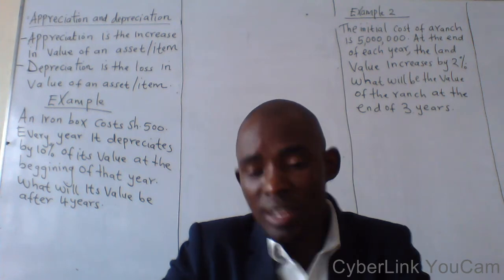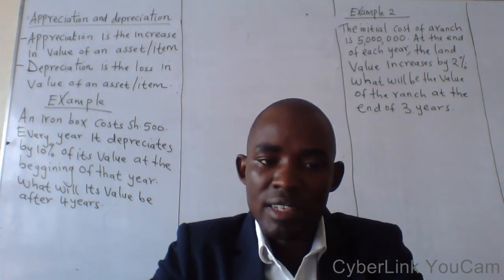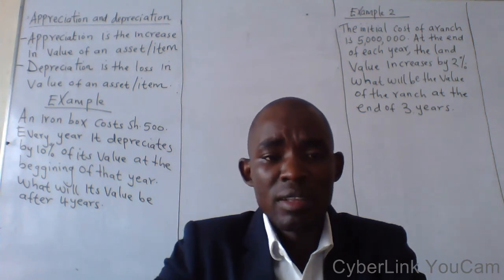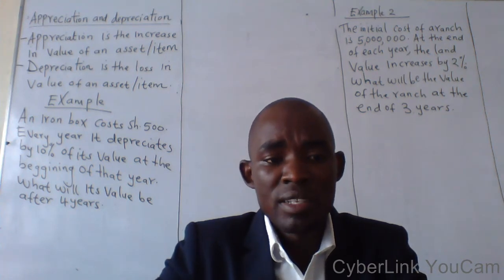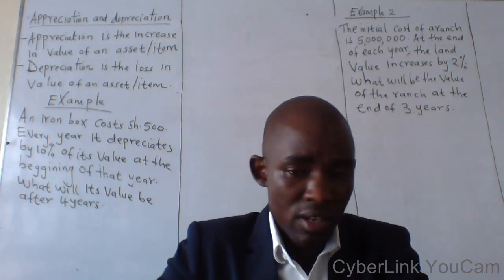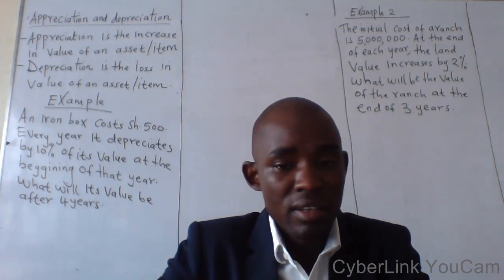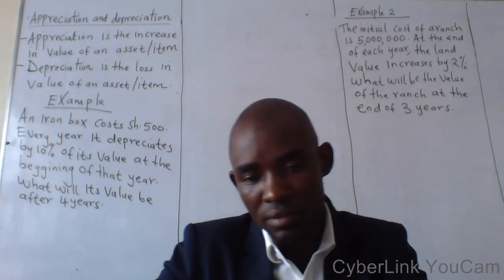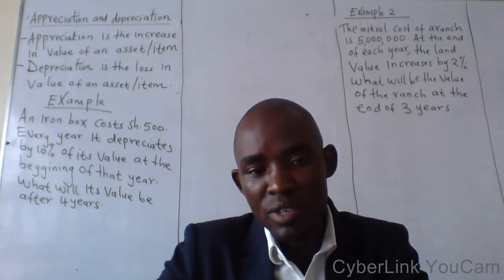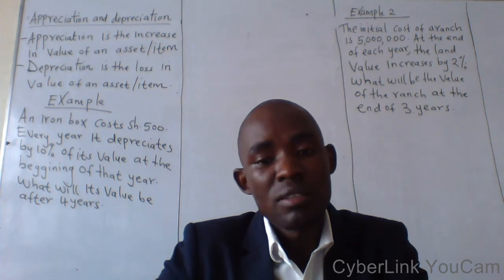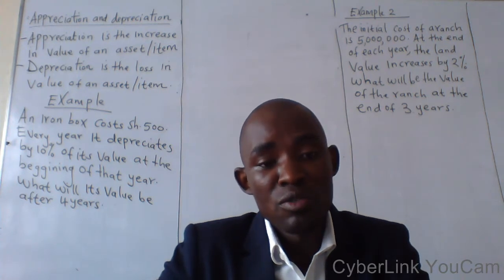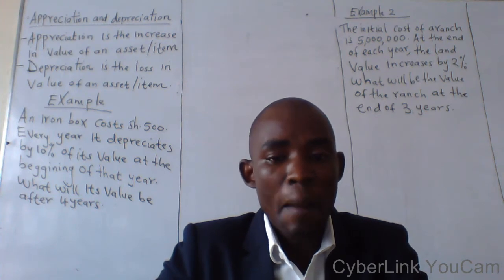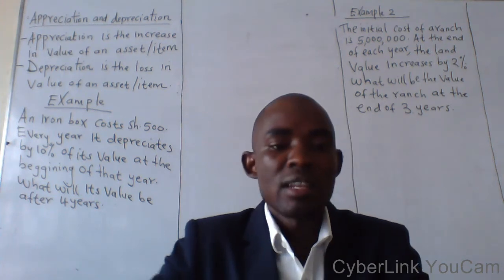Basically, that statement means that at the start of every year, this particular item was depreciating by 10%, so the value drops by 10% every year. And remember, we're going to do it by the compound interest formula, whereby it's going to be reducing. After every year, it reduces by 10%. So we shall take that first example.